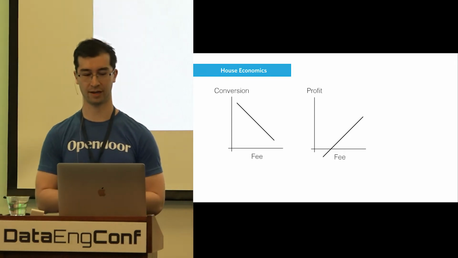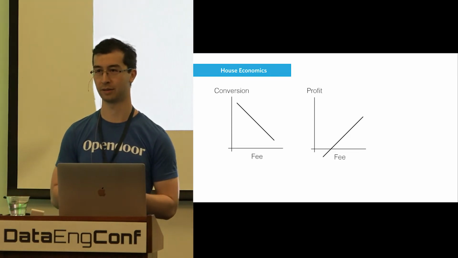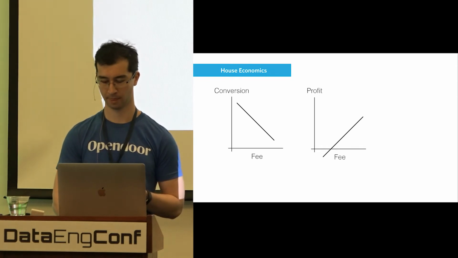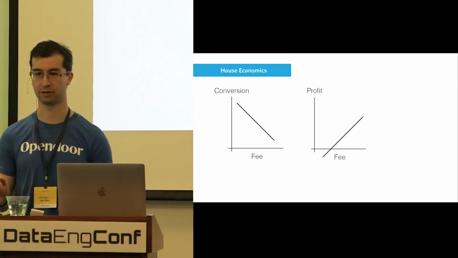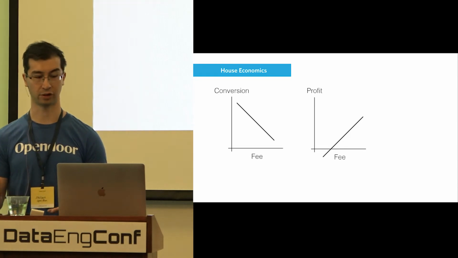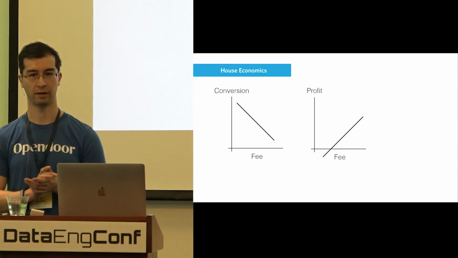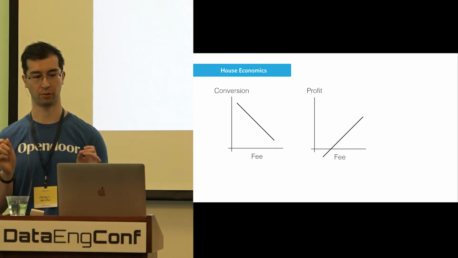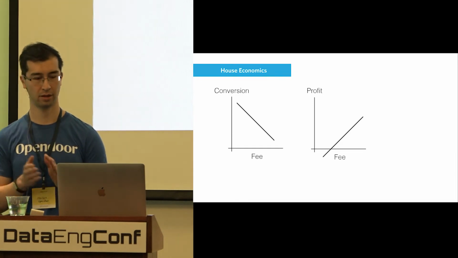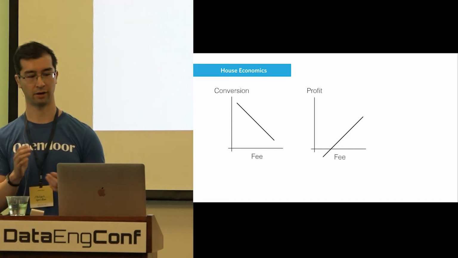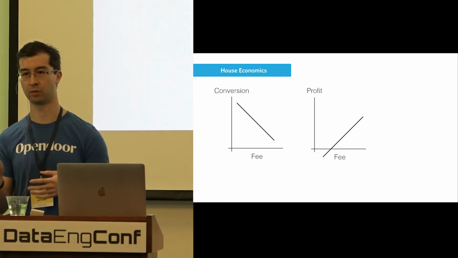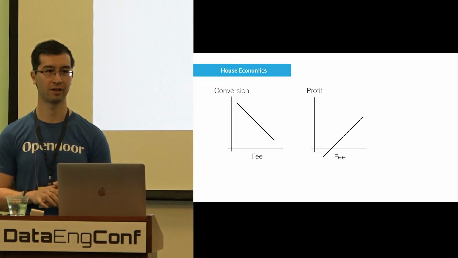If you charge a very low fee, then they're happy to partake in the service. However, profit is an increasing function of fee. The higher fee we charge, the more money we make. And these are going to be the two key metrics that we're going to look at for the rest of the talk. They're in tension with one another. A higher fee increases one but decreases the other, and we kind of want both, right?